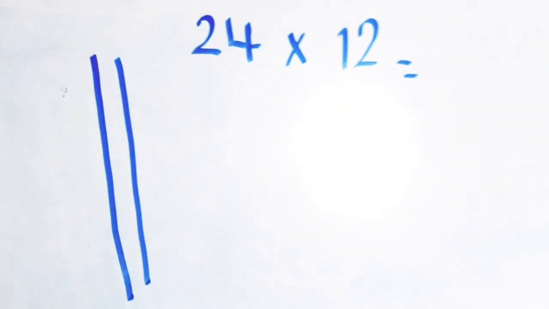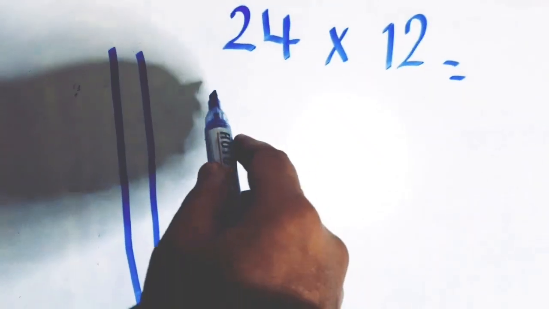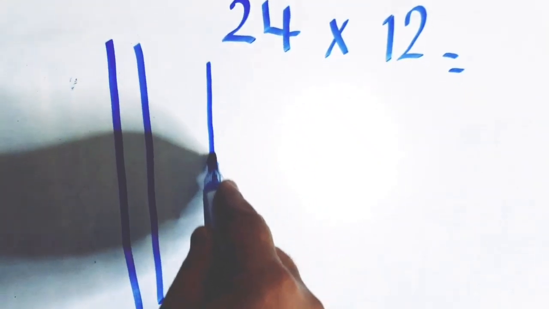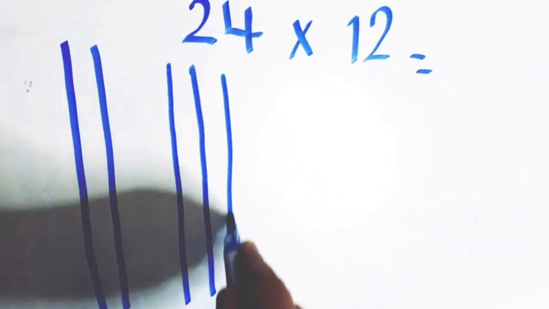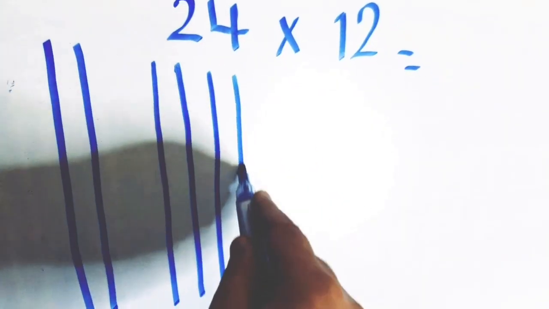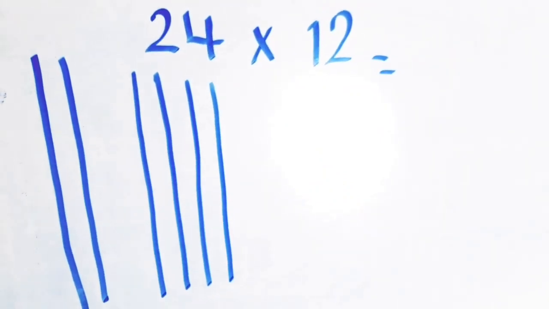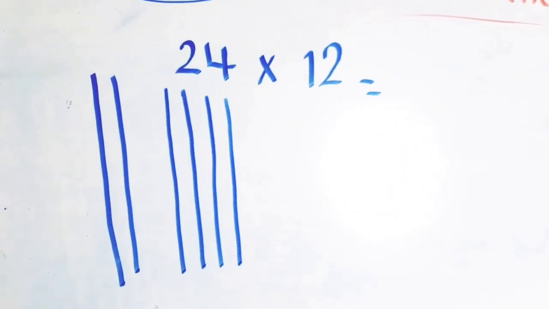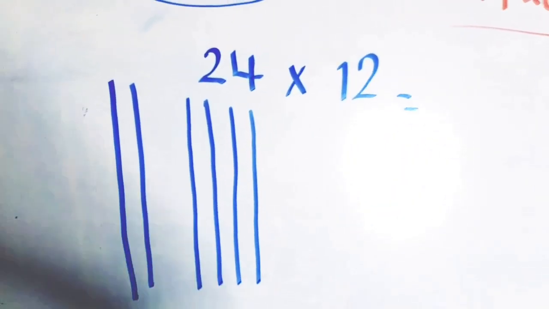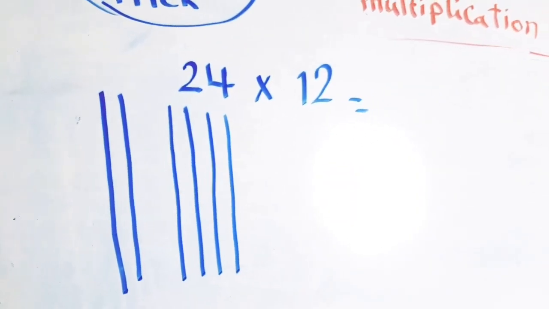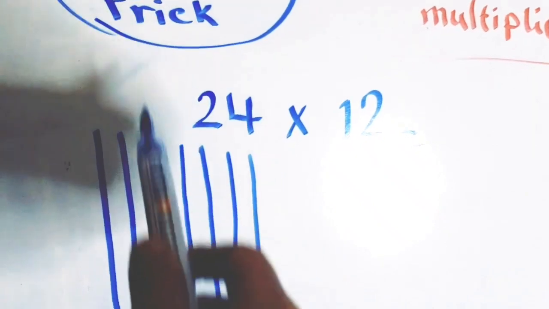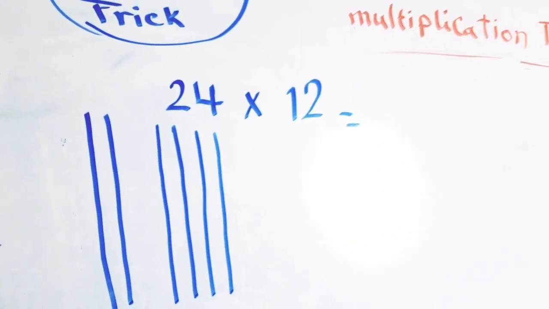The second digit is 4. We draw 4 vertical lines which represent the second digit 4. We have finished drawing the vertical lines pertaining to the first number, 24.